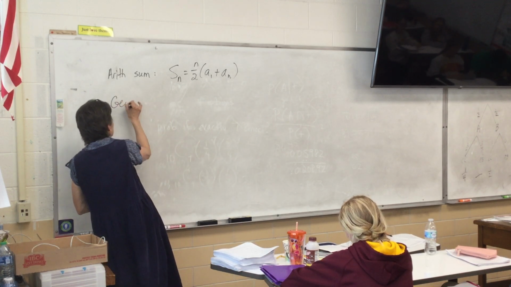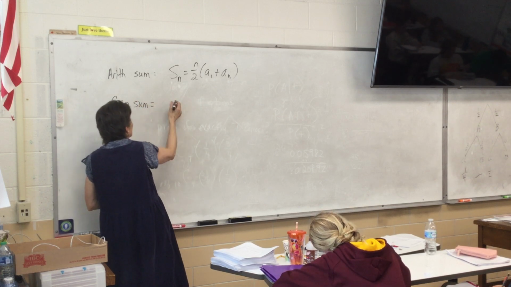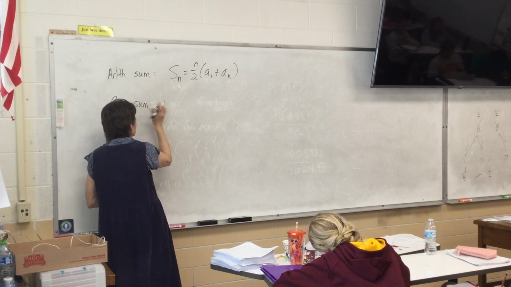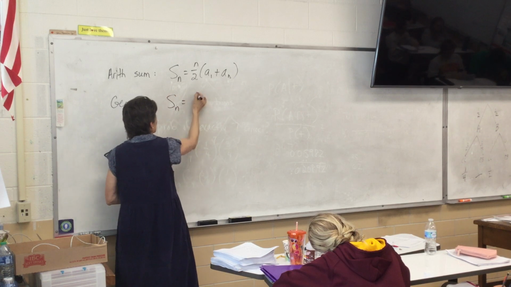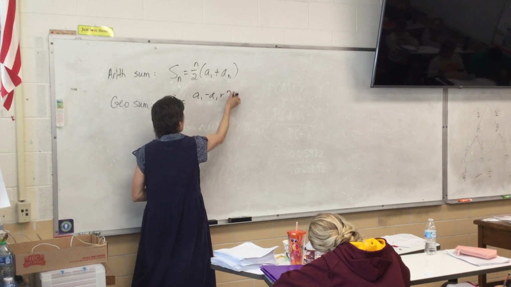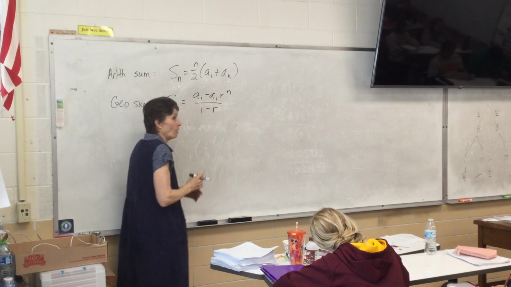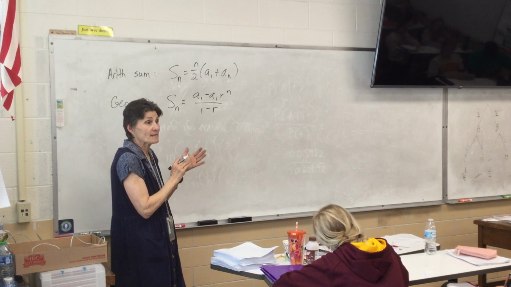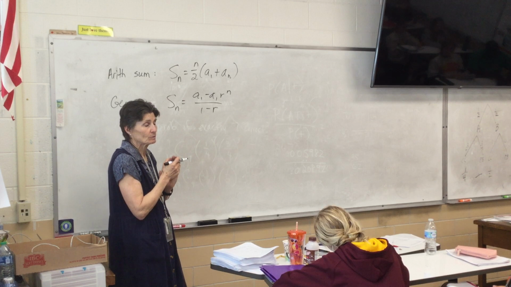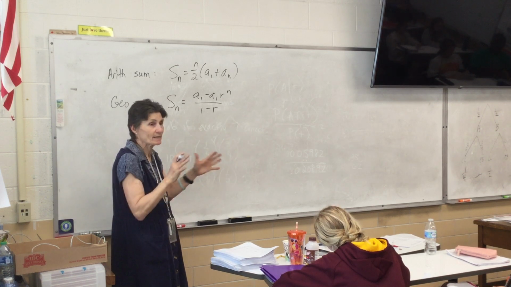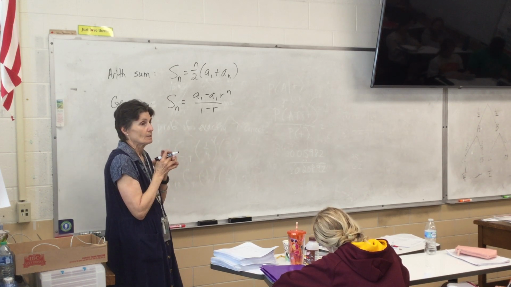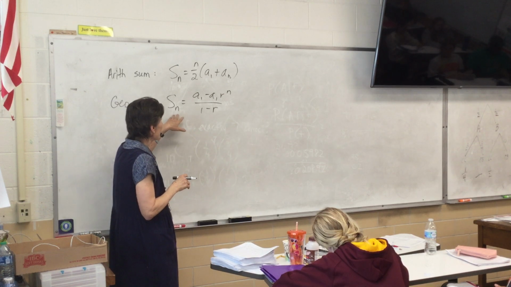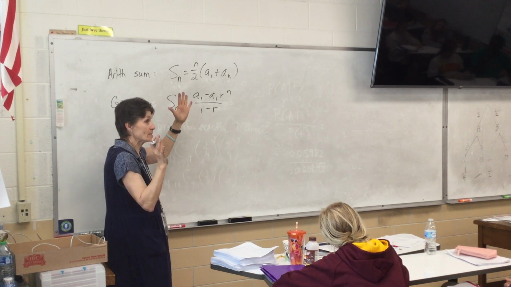If it's geometric, then this is your formula. You do not have to memorize these. All the formulas will be given to you on the exam and on the quiz or test or whatever we end up having here. Okay? Now, again, all the letters mean what they've always meant.